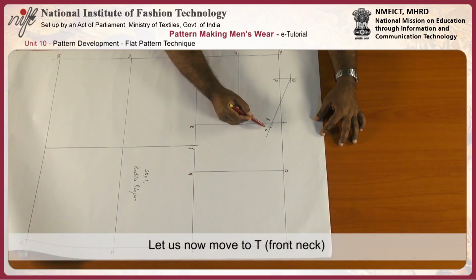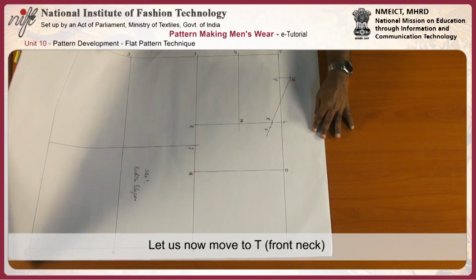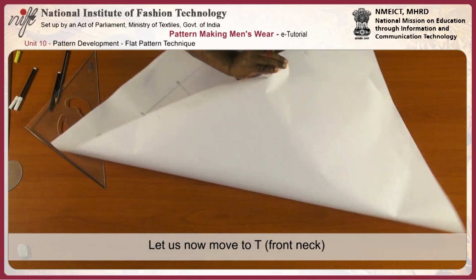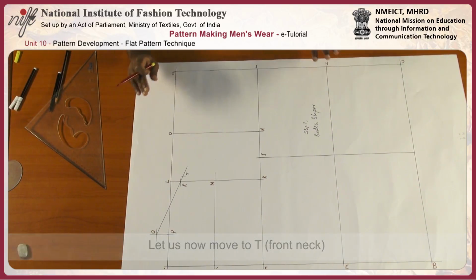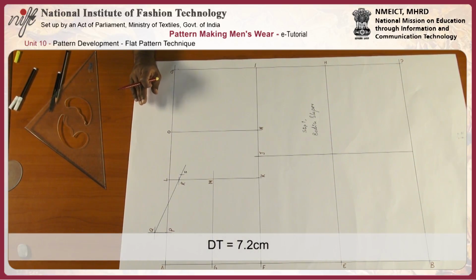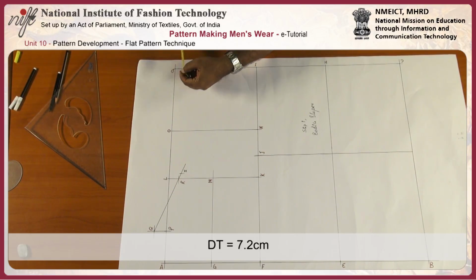After marking point S, let us move to the front block, which is the front neck, that is point T. D to T is 7.2 centimeter.